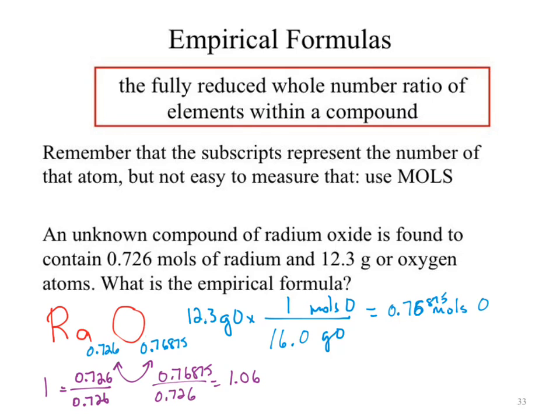How do we then convert this into our molecular formula? Well, it'll be radium 1 and oxygen 1. Do we need to show the ones? Nope. Our empirical formula, right there. There it is.